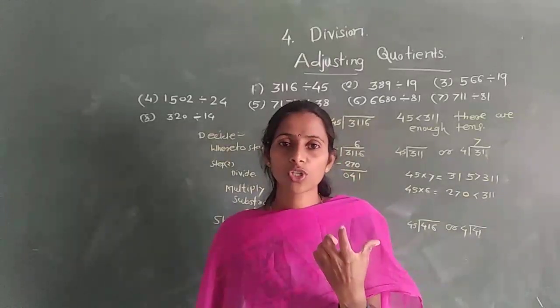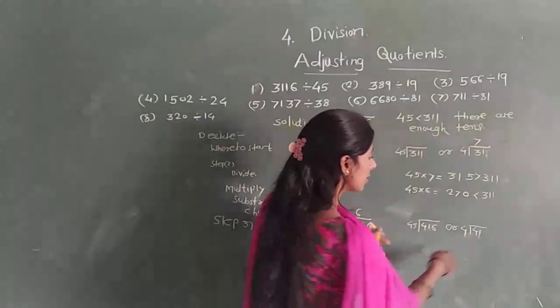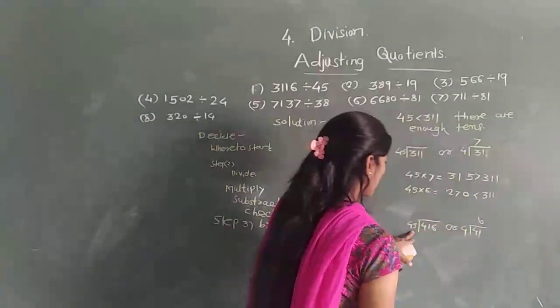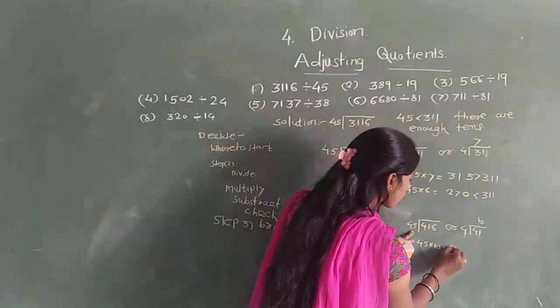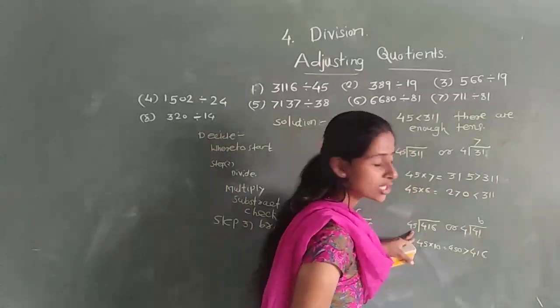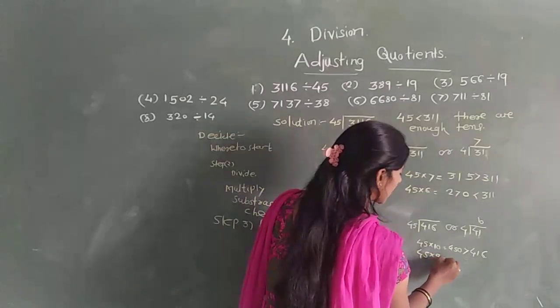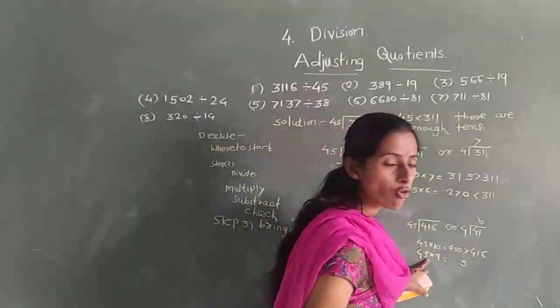So adjust the quotient by trying a lower number. First, 45 into 10 is 450, which is greater than your dividend. So check the lower number, that is 9.